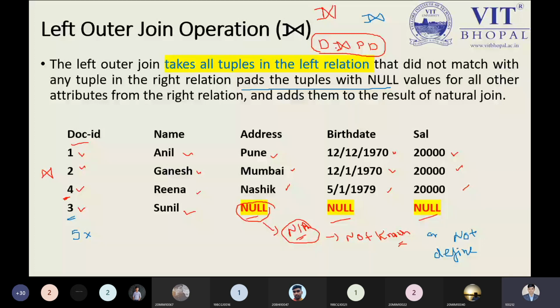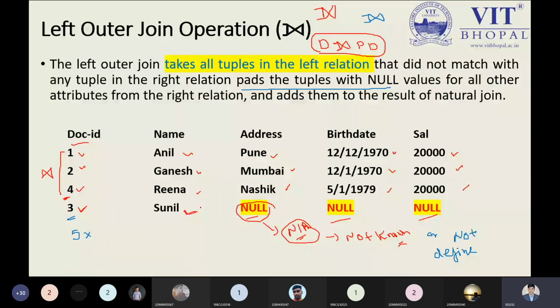So 1 to 4 will come naturally, as in the natural join, because these are the common attributes. After this point, we have to take all the attributes which are not matching with the right. So what are those? Dr. ID 3, so we can write it over here. Name is also available, Sunil, so we can also put it over here.